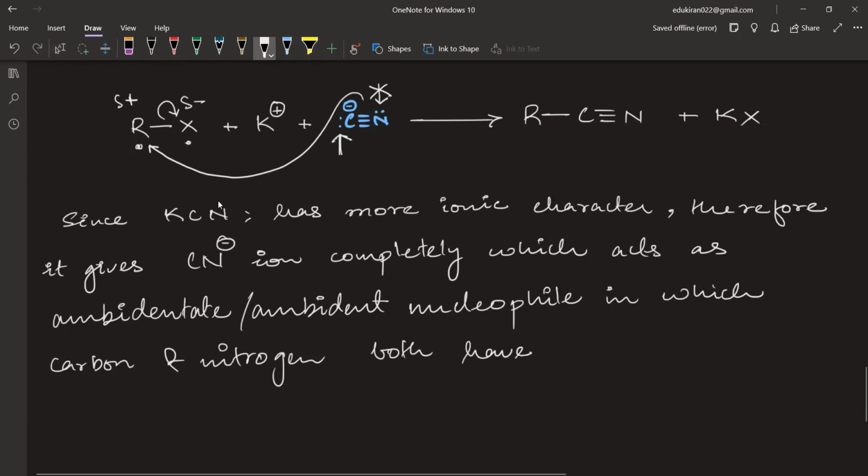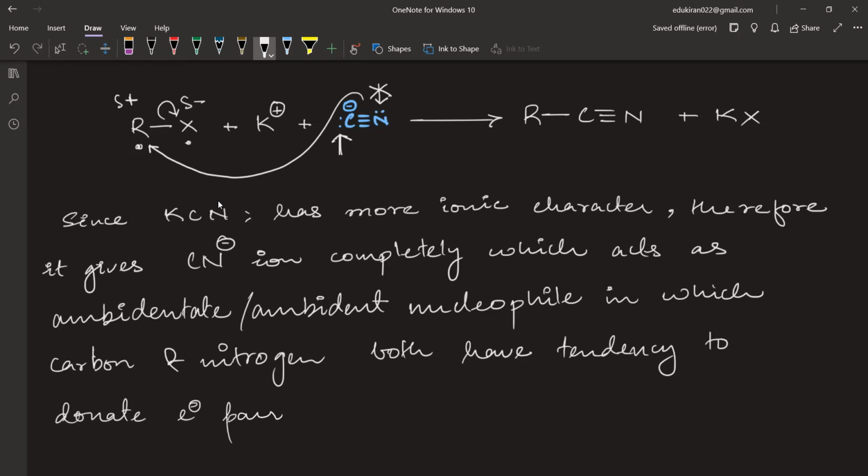Okay. In which carbon and nitrogen both have tendency to donate electron pair to what? To the alkyl group.